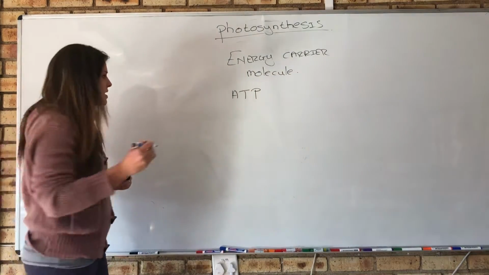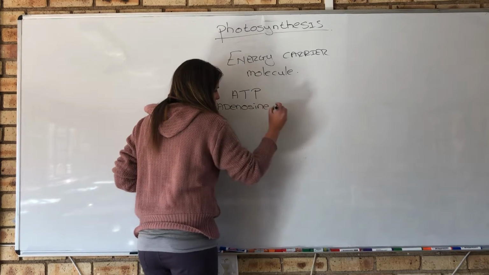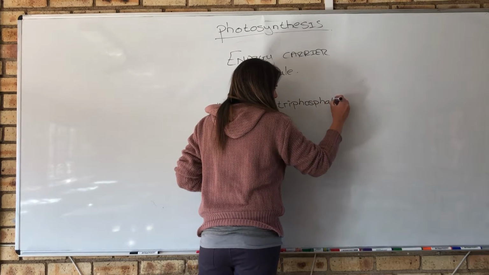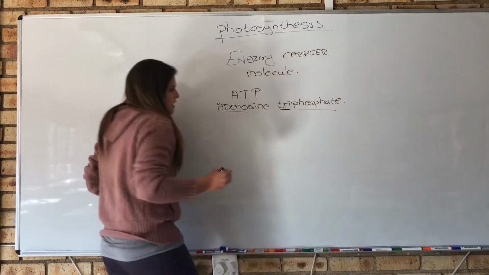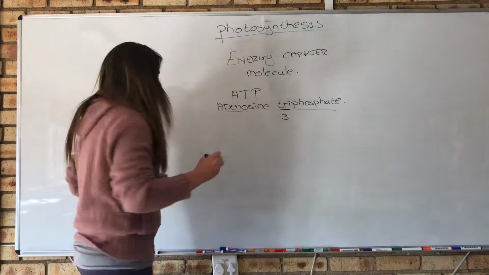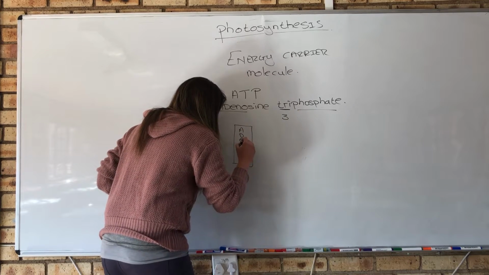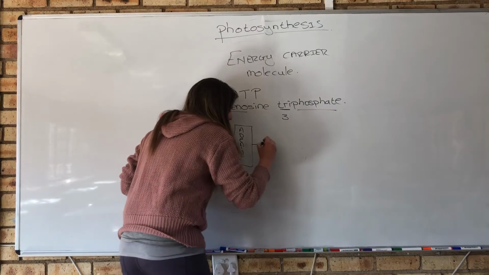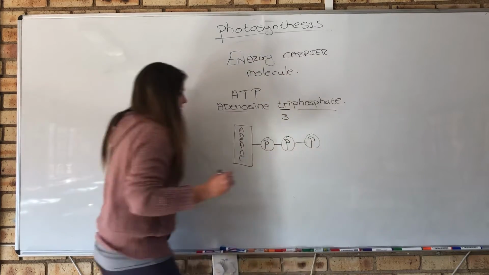Now ATP stands for adenosine triphosphate. The word tri means three. So what we have on this molecule is basically an adenine, which you don't need to worry about what that is and how that works, plus three phosphate atoms.